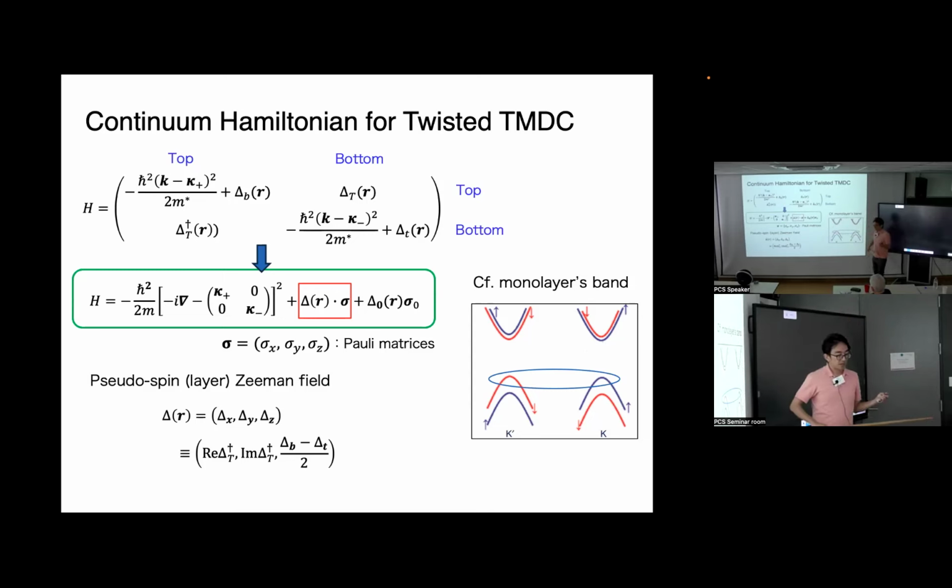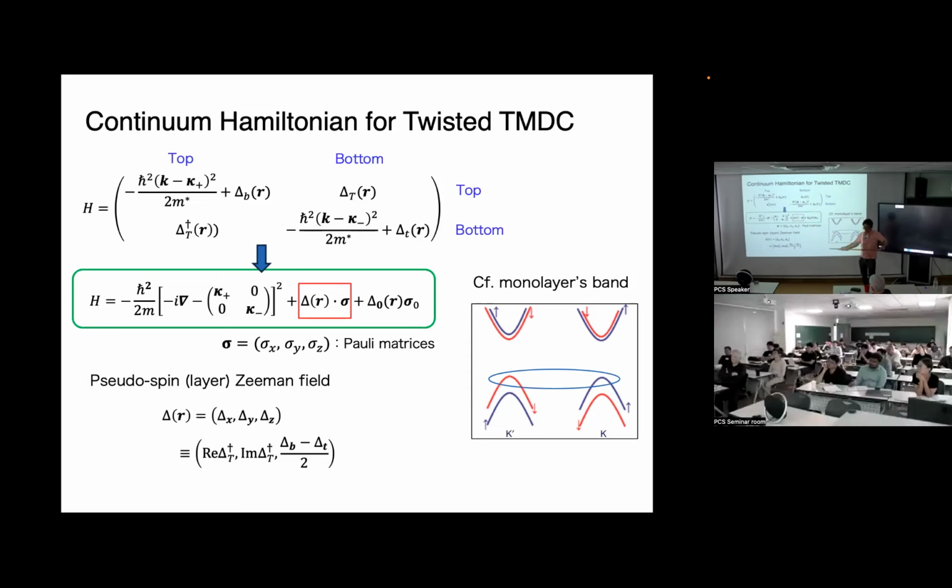Now think about the limit of very long range. Then you have some transformation at every single point. You just rotate the direction of the local Zeeman field up to the z direction. Then you have a top band aligned with the field and anti-parallel on the bottom band. So it's a position-dependent unitary transformation.